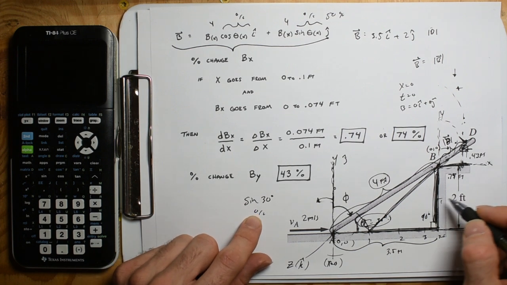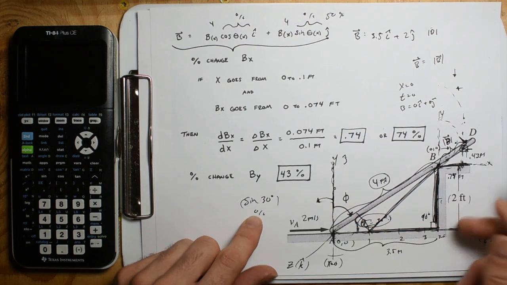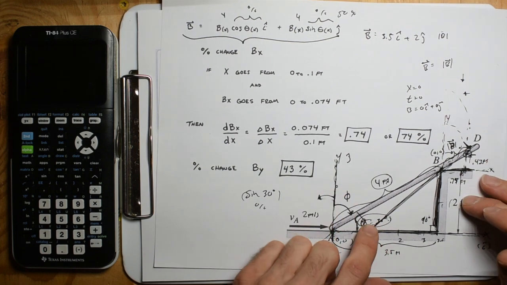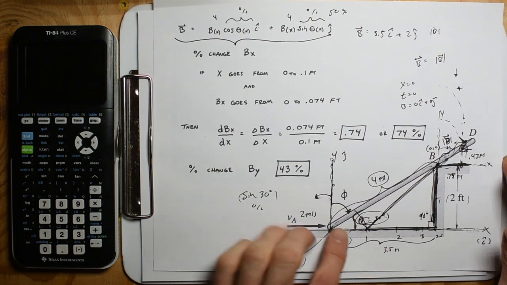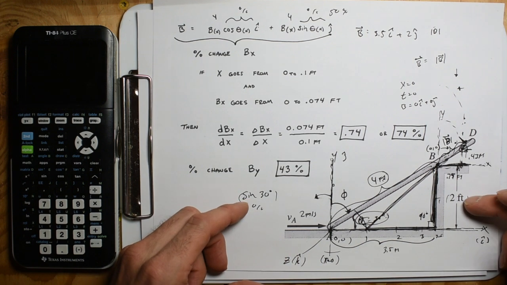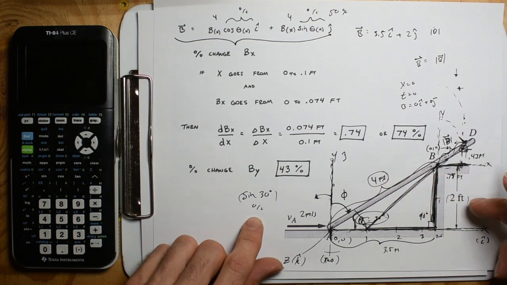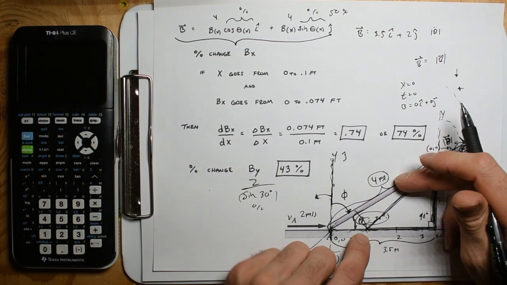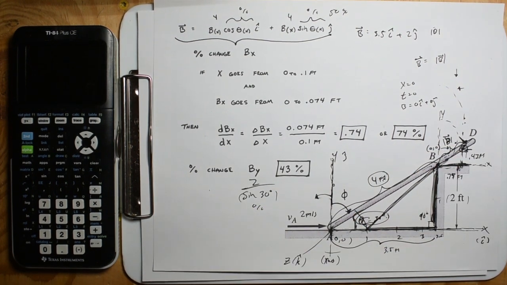If we want to multiply or divide by this, we want to take that percentage and do something with this 2 to get a bigger number. So what would we do? Would we take 2 times a smaller number, or a percentage, to get a bigger number? No. But we can take this 2 and divide it by sine 30. And we can get this hypotenuse.